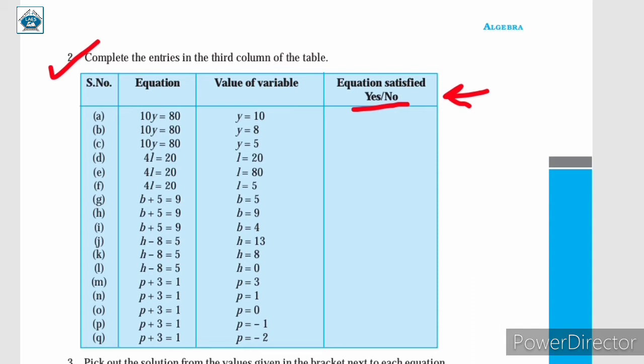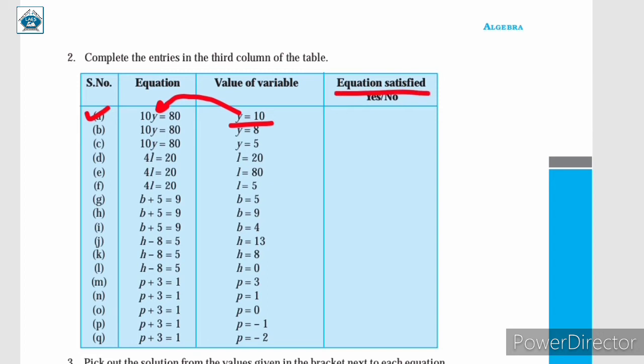We just need to substitute the value of the variable in the equation in order to find whether the equation is satisfied or not. So first of all we have 10y is equal to 80. Here we are given that y is equal to 10. When we substitute y is equal to 10 here in place of y, is the equation satisfied?